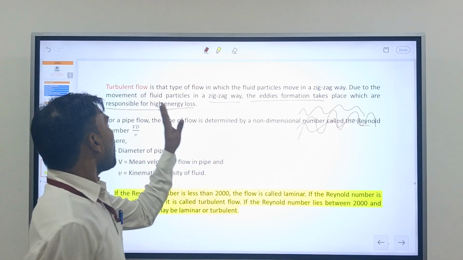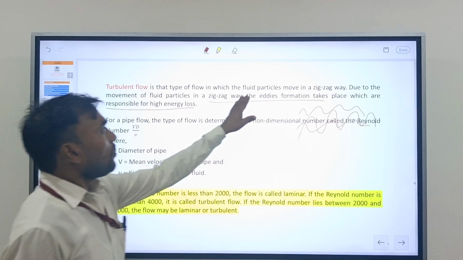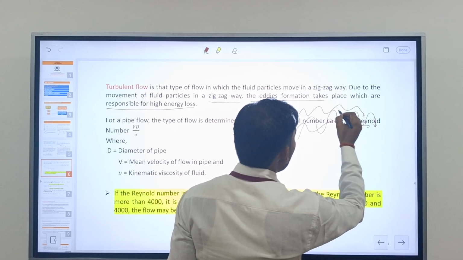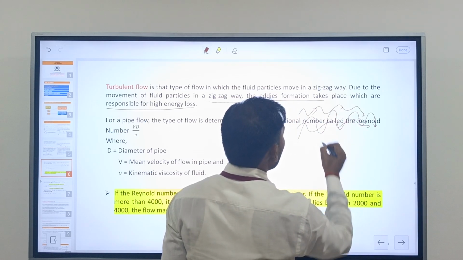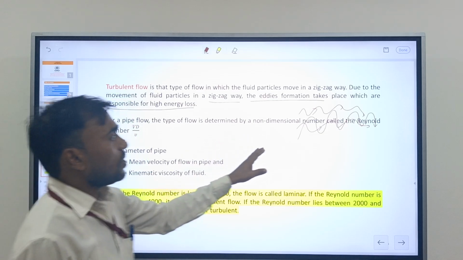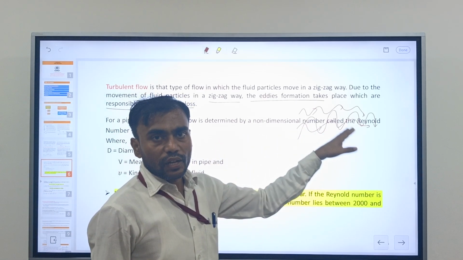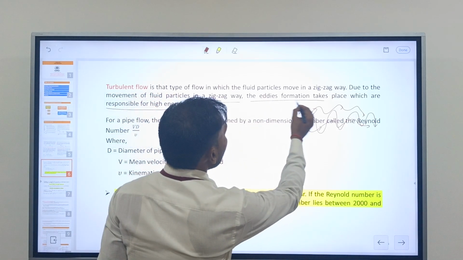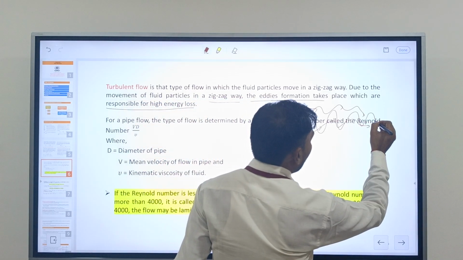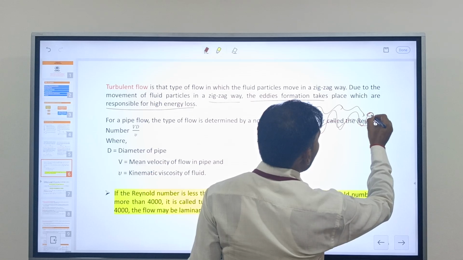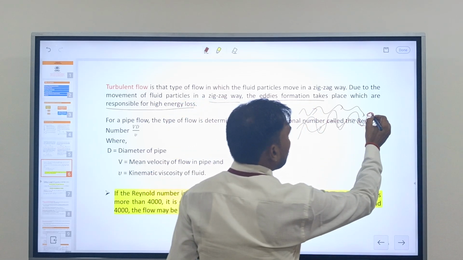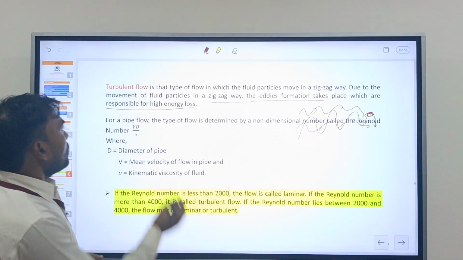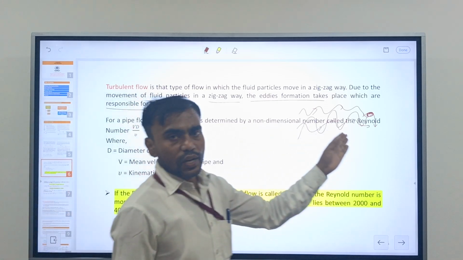Suppose the direction of fluid flow is in this direction. In this type of fluid flow, all the fluid particles move in a zigzag way. Due to this type of movement, eddy formation takes place. Eddy means that at a certain point it will behave like this type of fluid flow. So during eddy formation, high energy losses will occur.